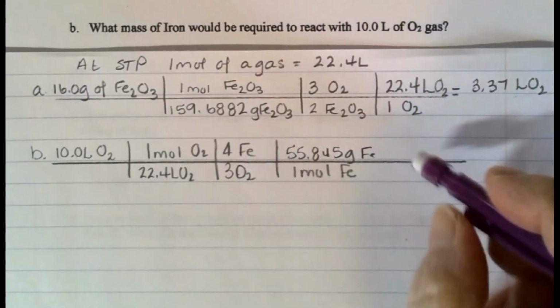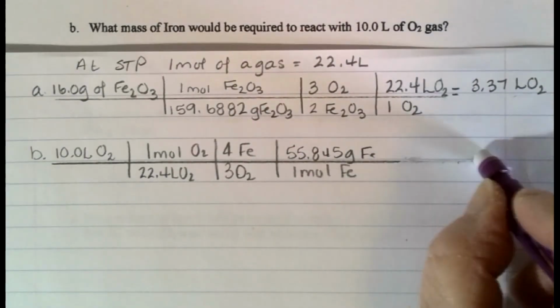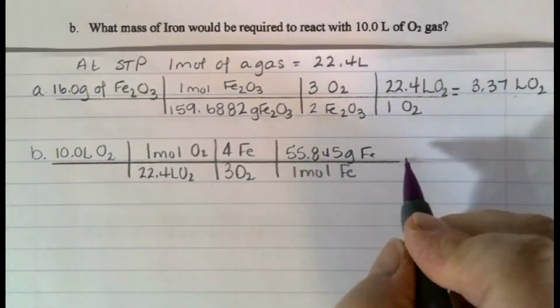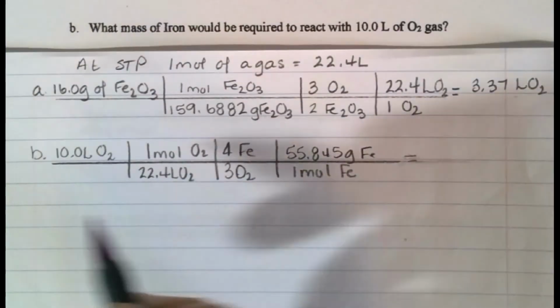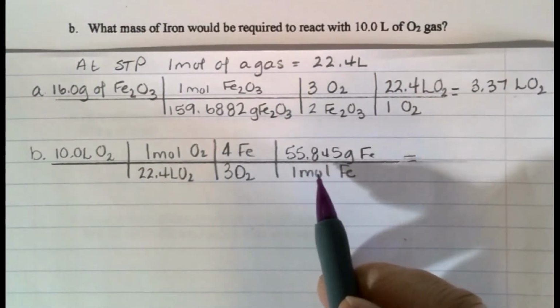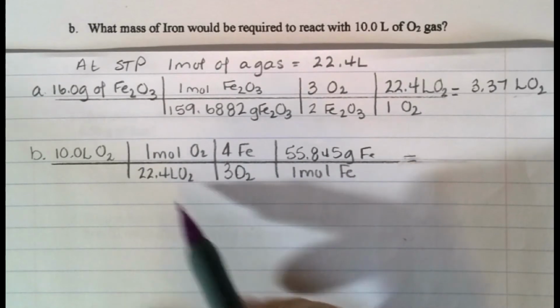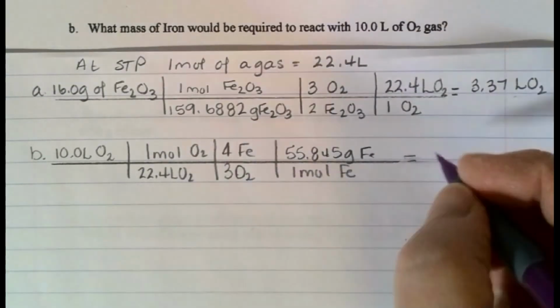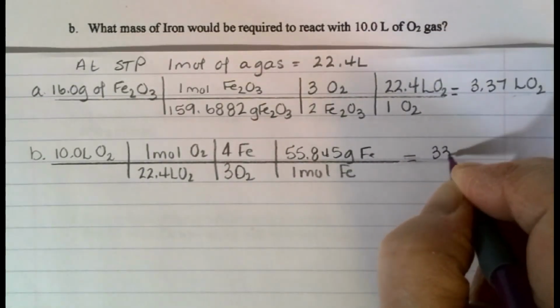Made my line a little bit long. And I'm going to math it: 10 times 4 times 55.845 divided by 22.4 divided by 3. And I end up with 33.2 grams.